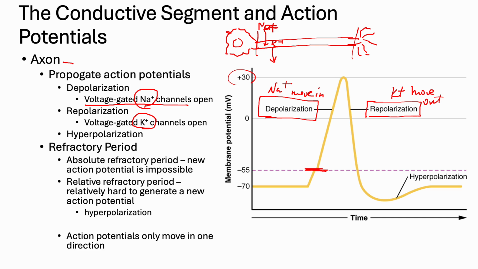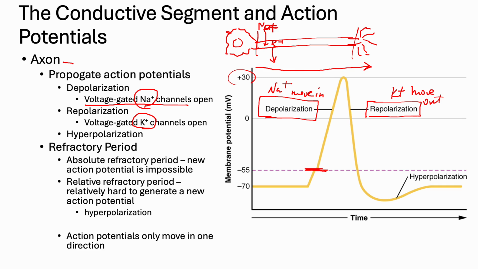Now, I also want to point out that an action potential travels along the axon only in one direction. It starts from the axon hillock and moves only in one direction toward the synaptic bulbs at the very end of the axon. It doesn't reverse directions.